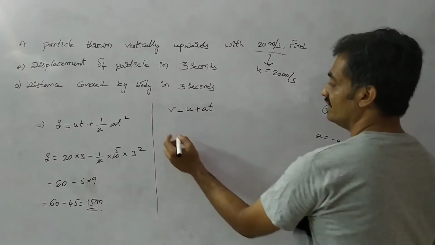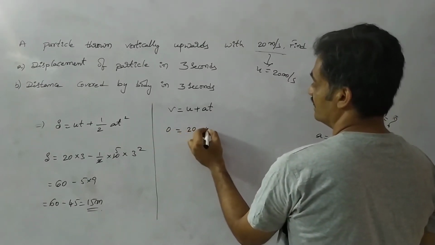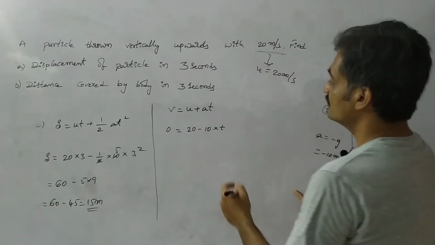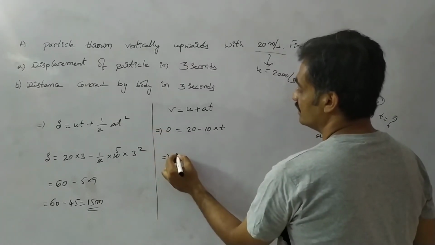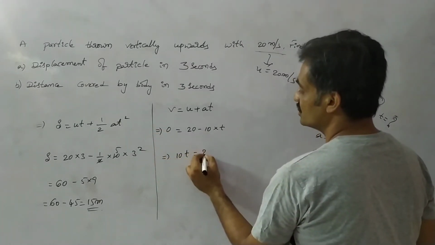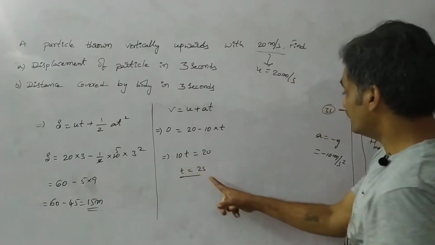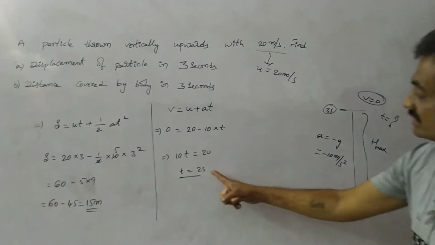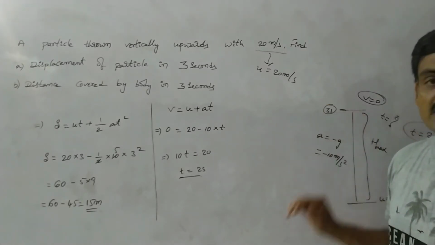Substituting, we have 0 equals 20 minus 10 into t. So 10t equals 20, and then t equals 2 seconds. Observe that the time taken by the body to reach the maximum height is 2 seconds.